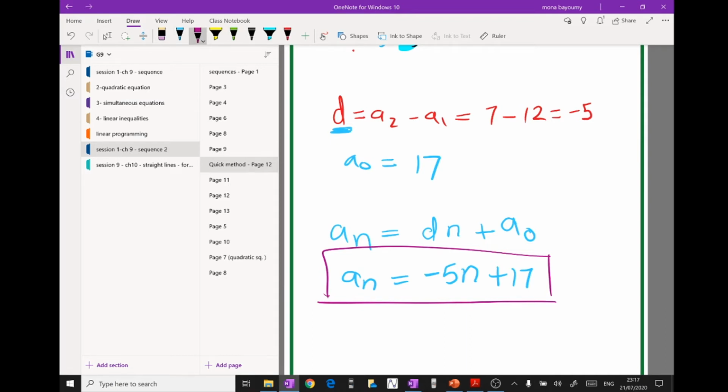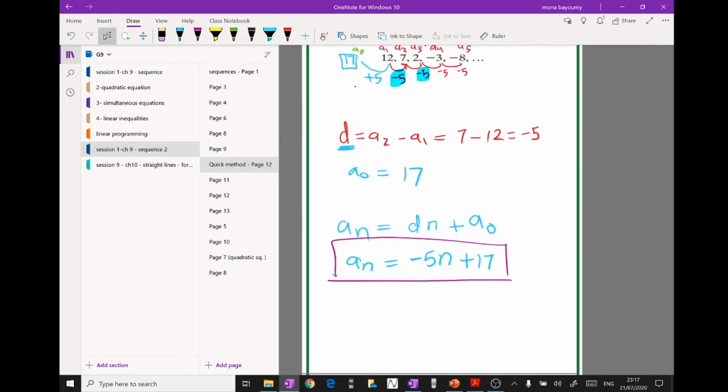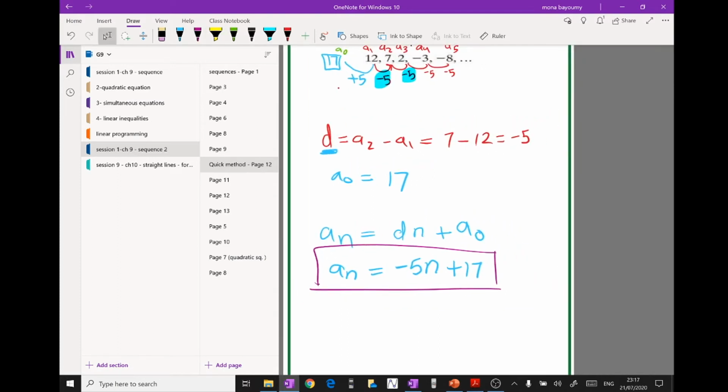If you want to check whether your answer is right or not, you can substitute n by 1, 2, and 3 to know if your answer is the same as the sequence. A1 means n equals 1, so -5 times 1 plus 17, which is -5 plus 17, will be 12. If I substitute n by 2, it will be -5 times 2 plus 17, -10 plus 17, it will be 7.